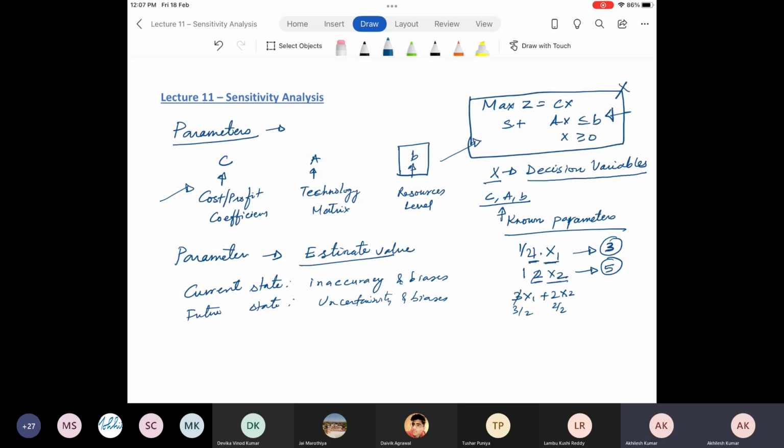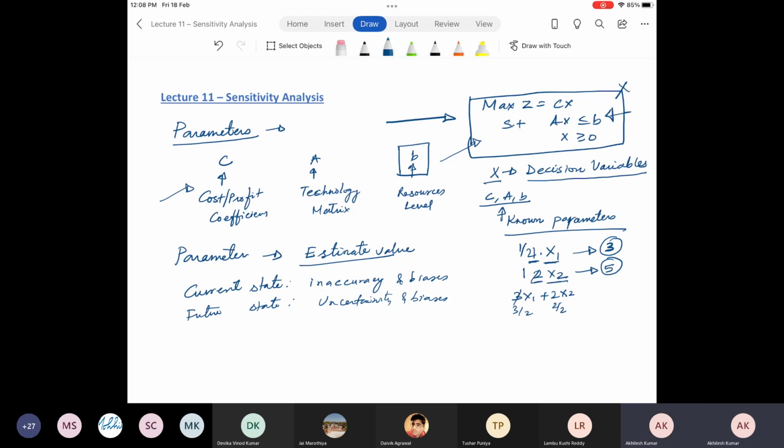Now the problem is a company has already done production planning for the next 1 year. They have already decided how many resources they need, and based on that they have asked for raw materials and everything. But suddenly demand surges and this linear programming model, based on which the production was planned, is now useless.